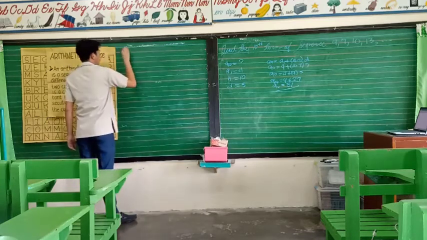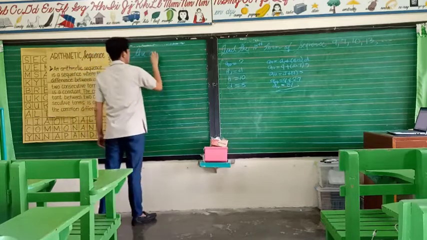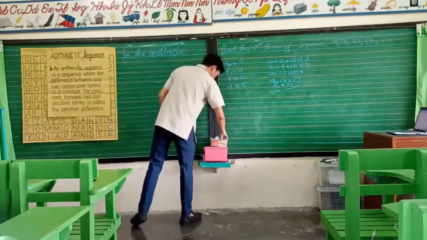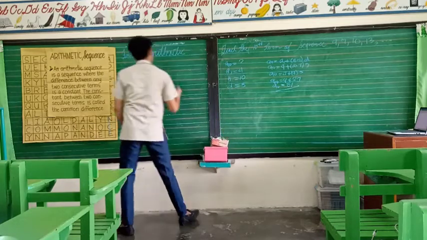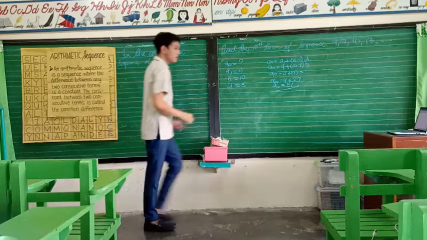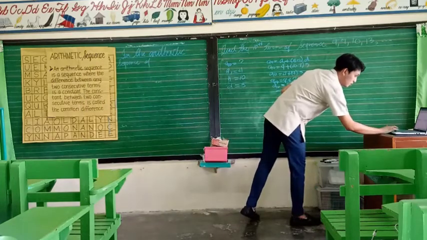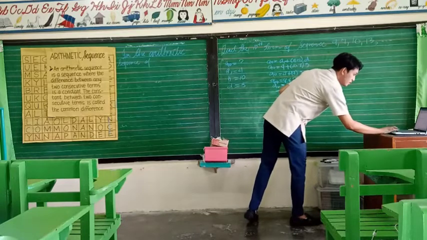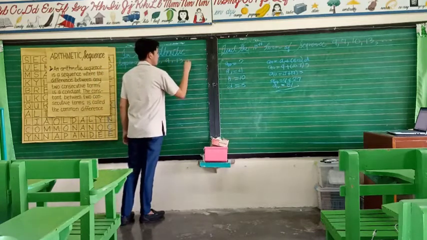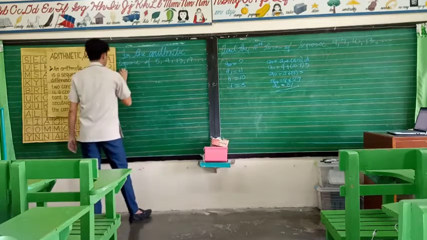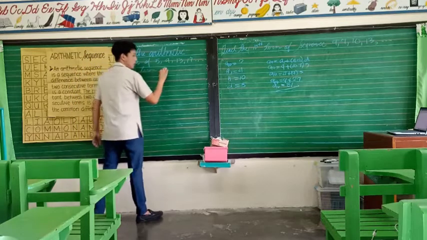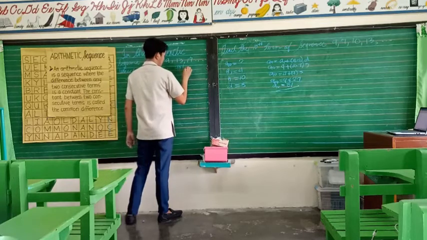So, in the arithmetic sequence 5, 9, 13, 17, and so on, which term is 401?